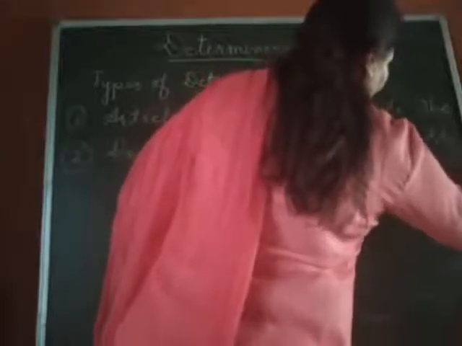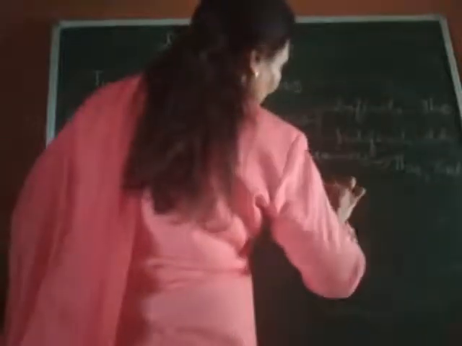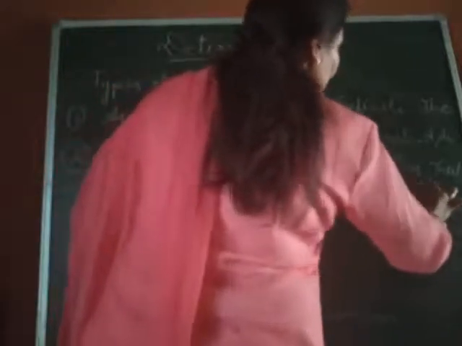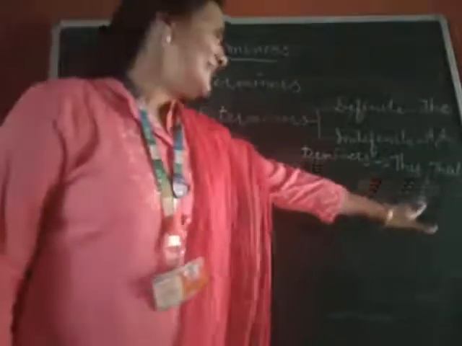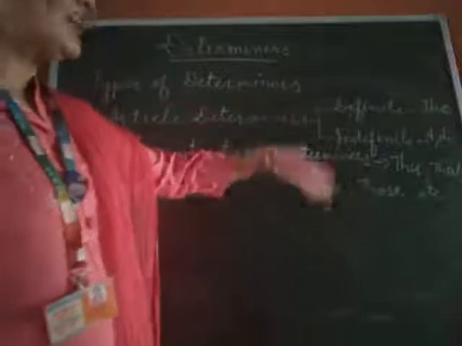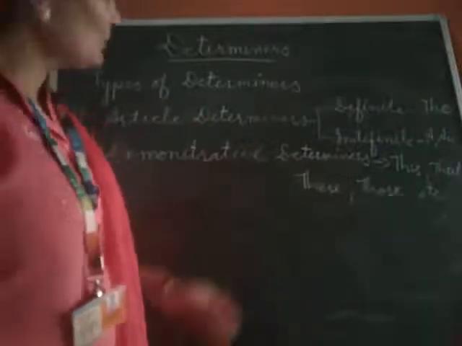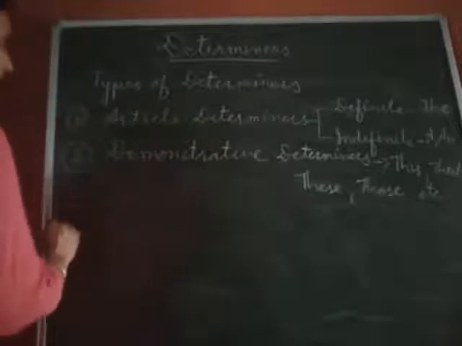Next type of article, determiners: demonstrative determiners. Demonstrative determiners are those determiners which point out the object denoted by the noun.